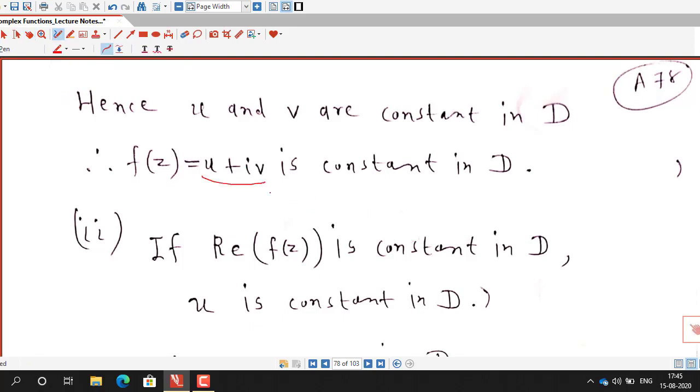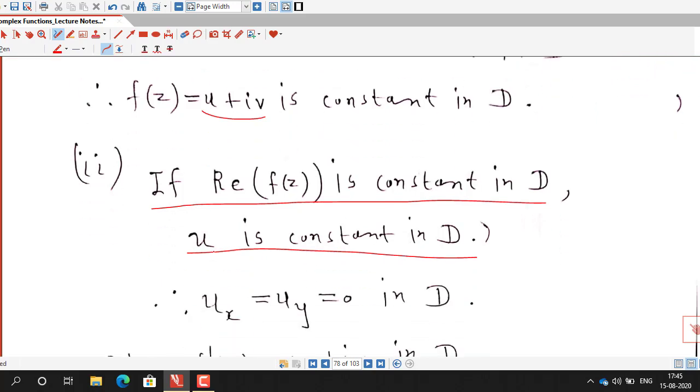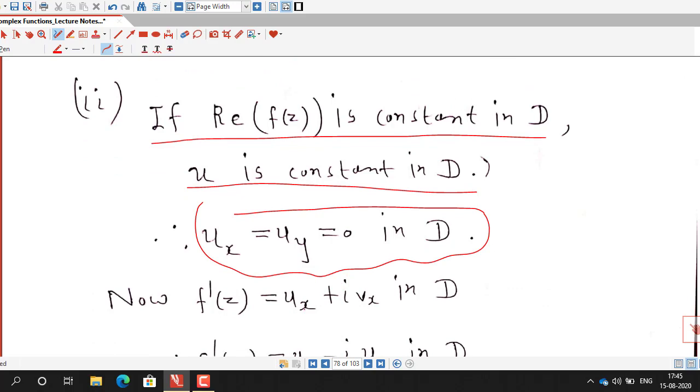F of z is u plus iv, and it is given that real part of f of z is constant in a domain D, therefore function u is constant in a domain D. Now if u is constant function, then its partial derivatives must be 0 at every point in a domain D.